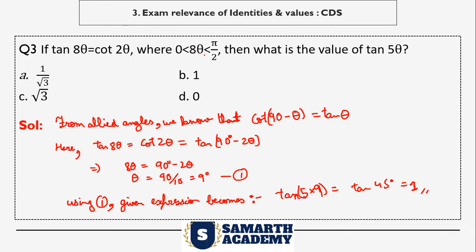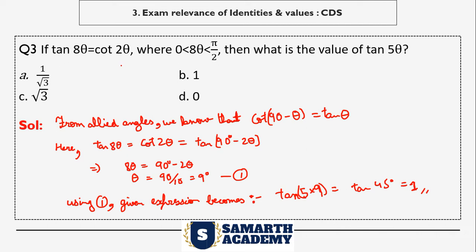Moving on. If tan 8 theta is equal to cot 2 theta, where 8 theta is less than 90 but more than 0, then what is the value of tan 5 theta? Tan and cot are equal only once, right? We can also convert this cot 2 theta into tan of 90 minus 2 theta.